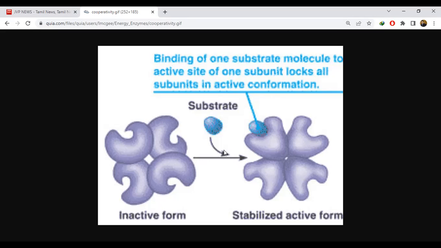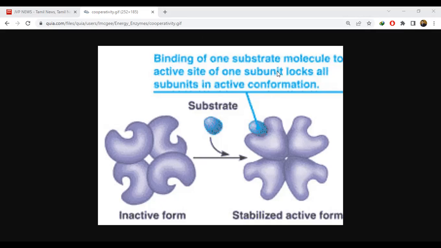So there's an important difference there. Here, the regulatory molecule is whom? The substrate molecule. That substrate molecule is binding to the active site, not the allosteric site.